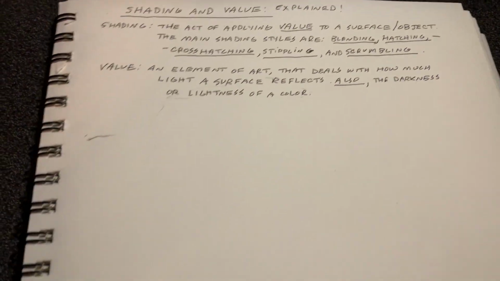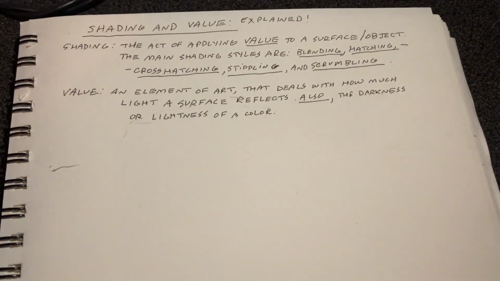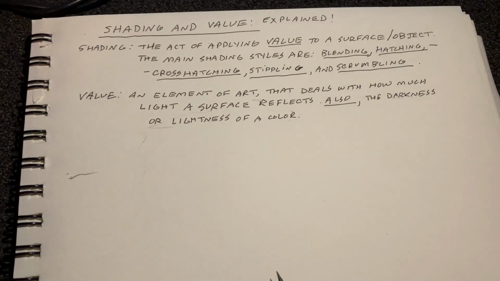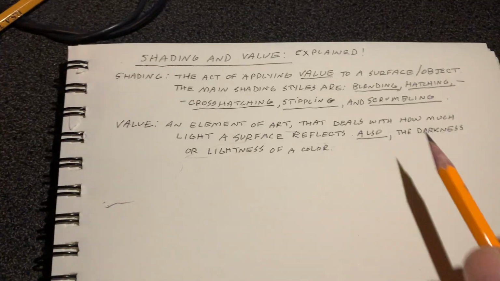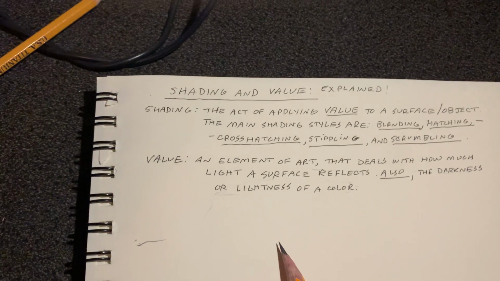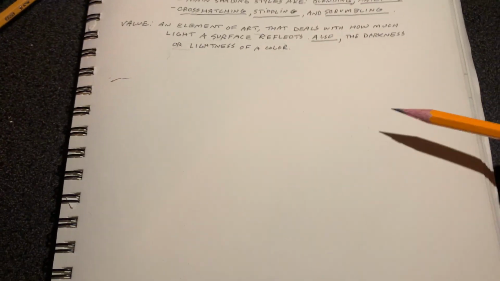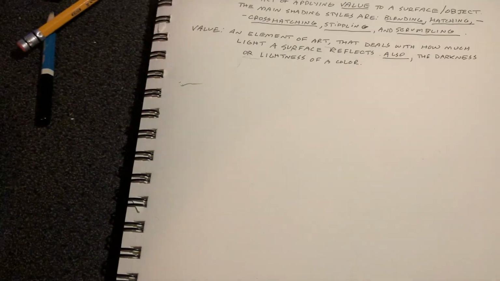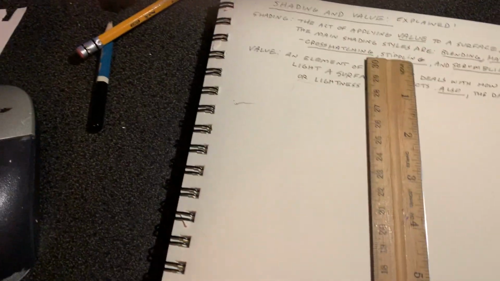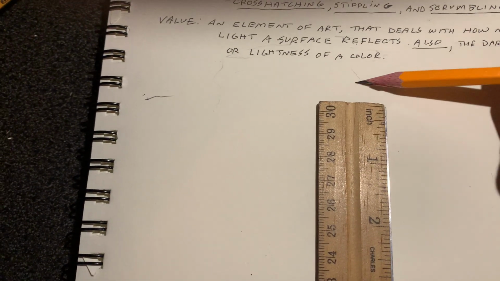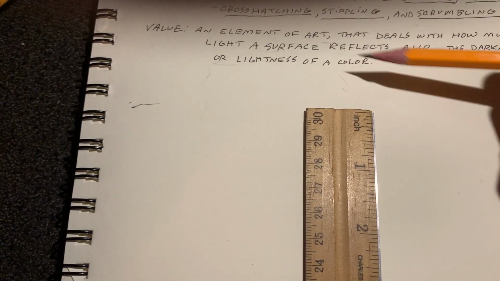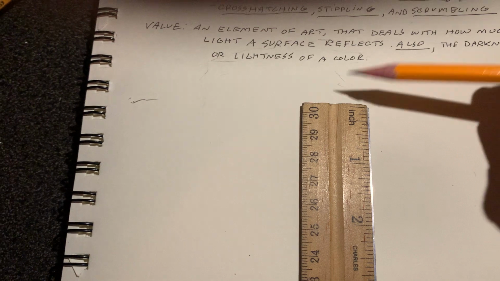To better understand value, we'll apply these different shading styles to other things, and you've probably used blending before. But in art, we think of value as being in a range, almost like a ruler, where up here is 0, which would have no darkness or no shading at all.